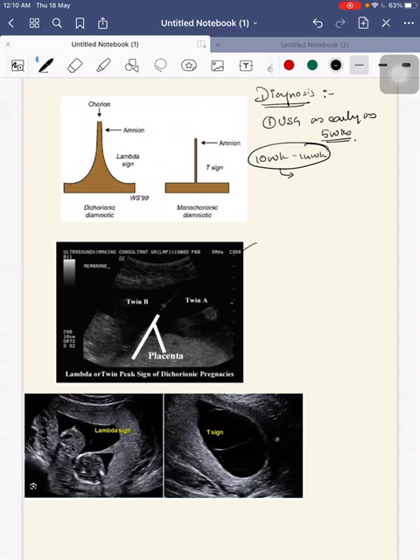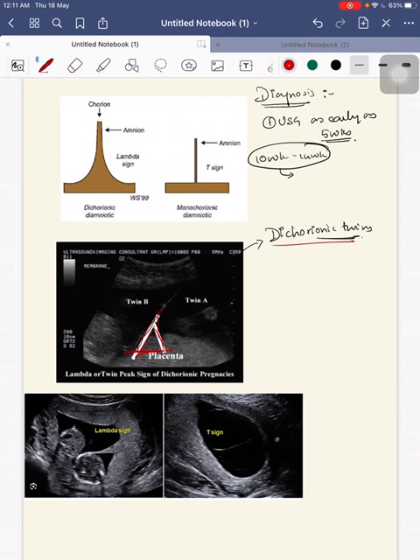In dichorionic twins, two chorion and two amnion will be present, so this layer will be thicker. The base of the membrane will have a triangular projection, which is called the twin peak sign or lambda sign.